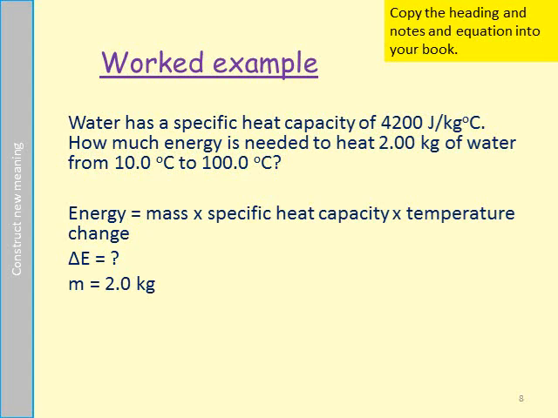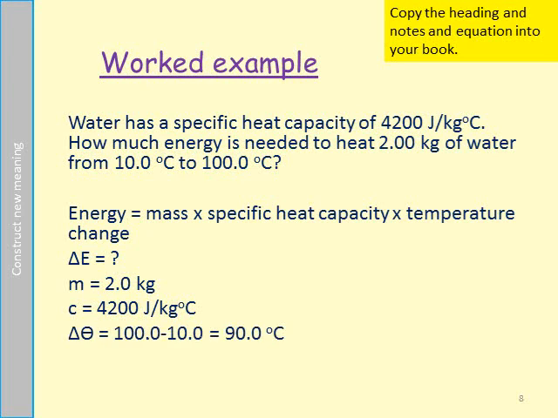The mass, they're giving you that here, 2 kilograms of water. One thing to remember about this is the unit of mass is kilograms. So if you get it given to you in grams, you need to convert it to kilograms. C for specific heat capacity, which you are given, 4,200.